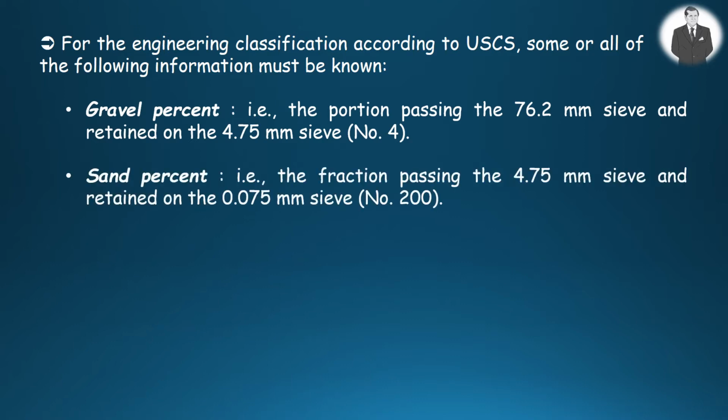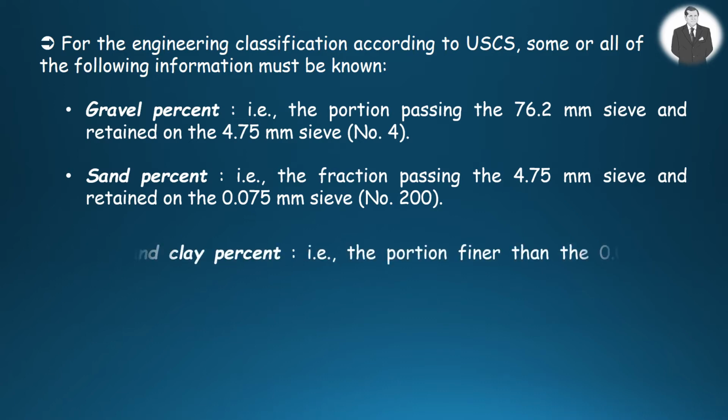Sand percent, that is the fraction passing the 4.75 millimeter sieve and retained on the 0.075 millimeter sieve, which is the no. 200 sieve. Silt and clay percent, that is the portion finer than the 0.075 millimeter sieve.